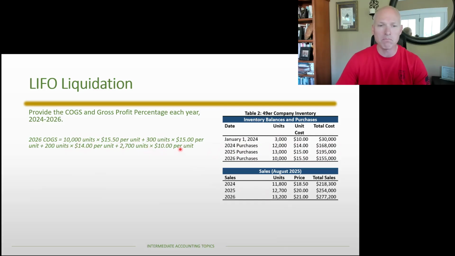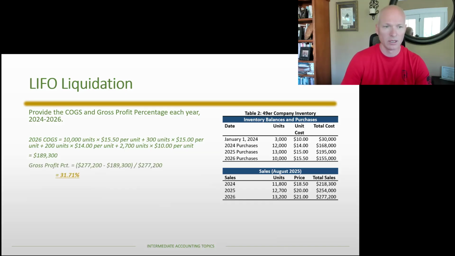But notice that a good portion of those sales is at a much lower cost of $10 per unit. You know, what is it, like 25% of the sales? Well, not quite, but a pretty good percentage. And so the cost of goods sold, if we add all that up, is $189,300, which means the gross profit is 31.71%.